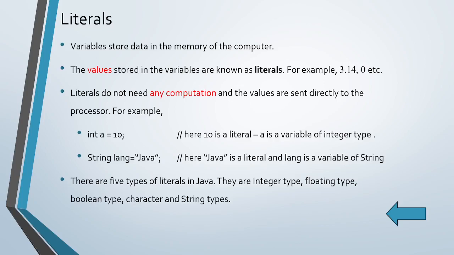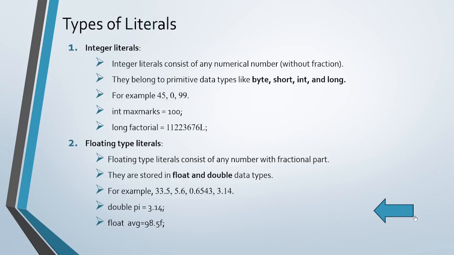Now there are 5 types of literals in Java: integer type, floating type, boolean type, character, and string types. Integer literals consist of any numerical number without a fraction, and they belong to data types like byte, short, int, and long.